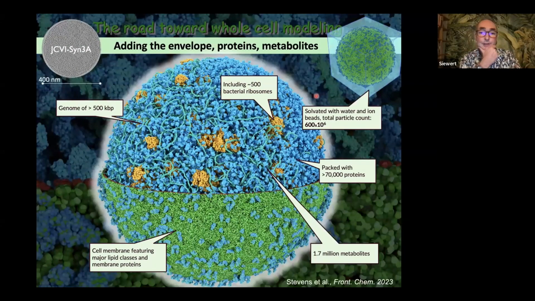This slide shows that we packed about 70,000 proteins in here, 500 ribosomes, the 500 kilobase genome, and the cell membrane, plus almost 2 million metabolites, for a total particle count of about 600 million, when we also put it in a solvent layer in our periodic simulation box. But as I said, simulating it was not so easy, and still is a challenge.